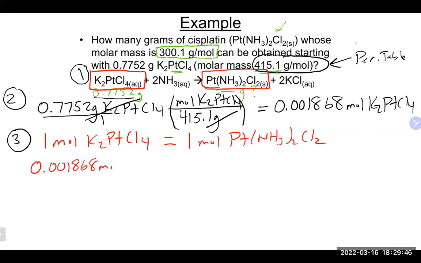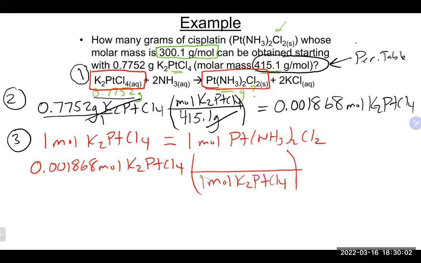0.001868 moles of K2PtCl4. In this case, we want to go opposite, so down on the bottom would be 1 mole of K2PtCl4, and the 1 mole of the Pt(NH3)2Cl2 goes on top.